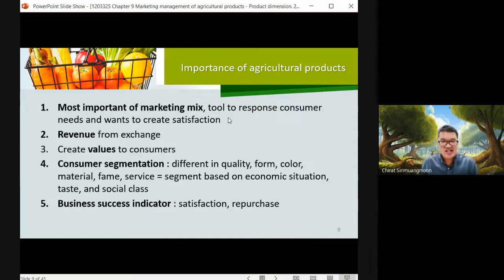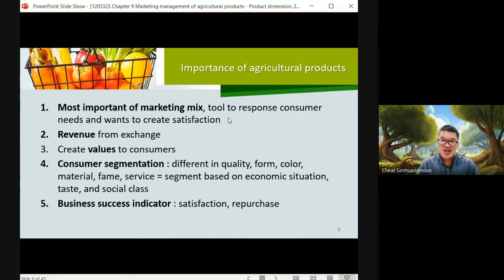And what is actually important for agricultural products? So in terms of the agricultural products, it's what is most important for the marketing mix. That is actually responding to the consumer need and want. Don't forget, you serve it because you need to have the maximum satisfaction from the consumers.